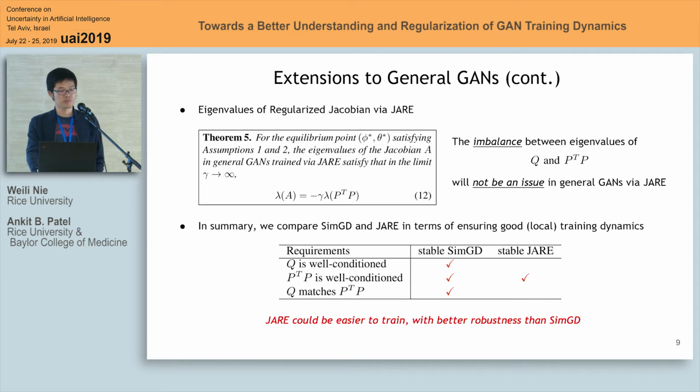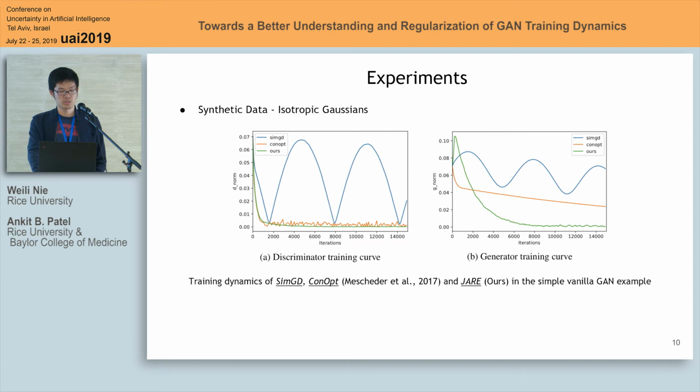So we argue that JRAR should be easier to train, with better robustness than SIMGD. Next, we do some experiments to verify our analysis.